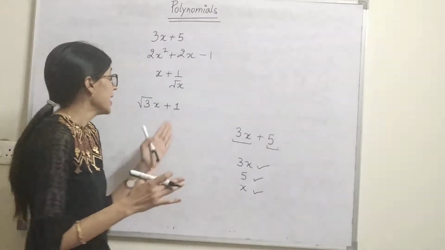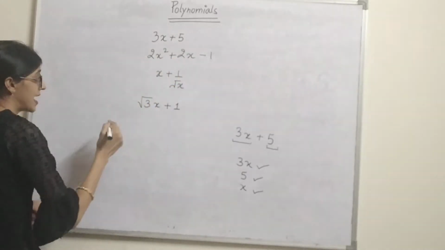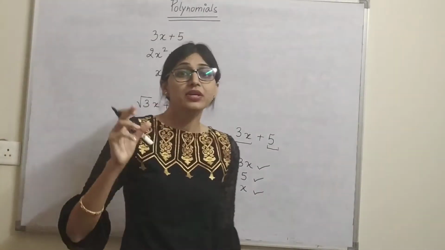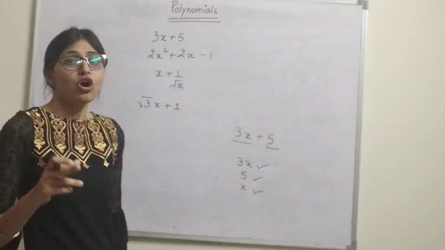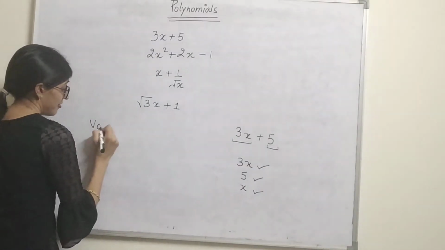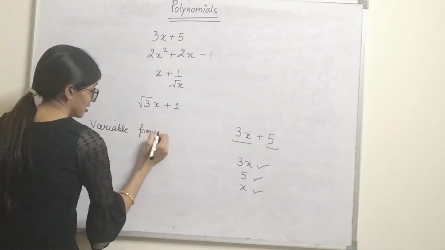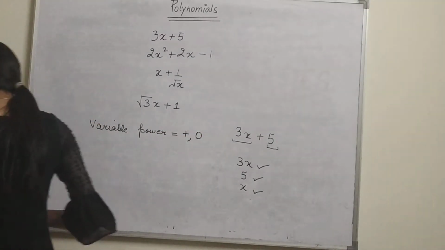Now next thing we need to understand is that a polynomial is only defined when the power of the variable is positive or zero. Variable power should be positive or zero.